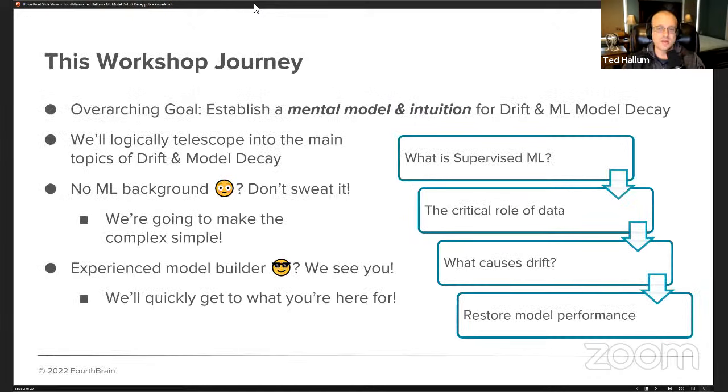I wanted this to be accessible to the broadest swath of people possible. So if you've never touched a machine learning model before, all the way up to if you're a very experienced model builder, you're going to get a lot of good takeaways out of this presentation. So no prerequisite knowledge. Over on the right, you can see the way that we're going to telescope into the topic of model drift and decay.